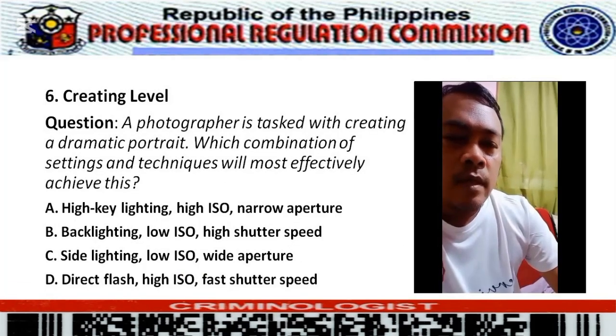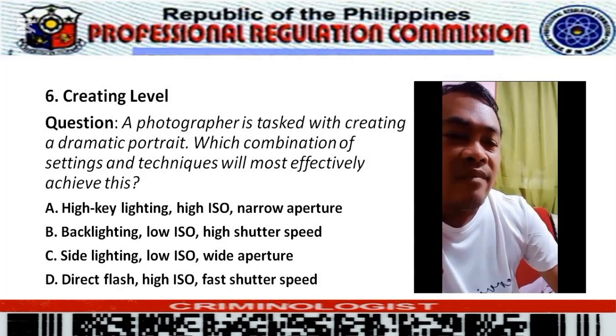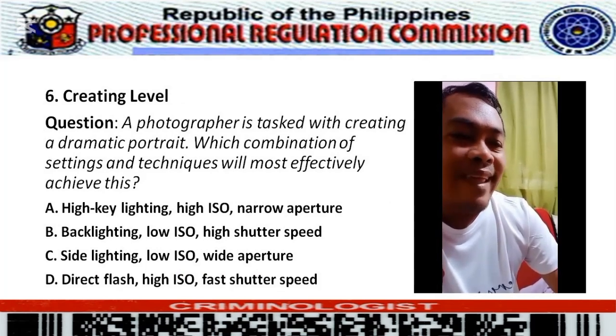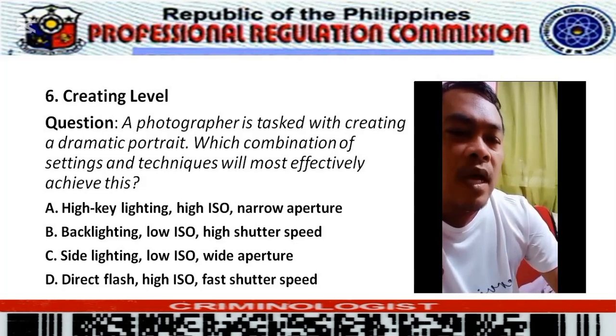So next, number 6, creating level. The question is, a photographer is tasked with creating a dramatic portrait. Which combination of settings and techniques will most effectively achieve this? Option A, high key lighting, high ISO, narrow aperture.